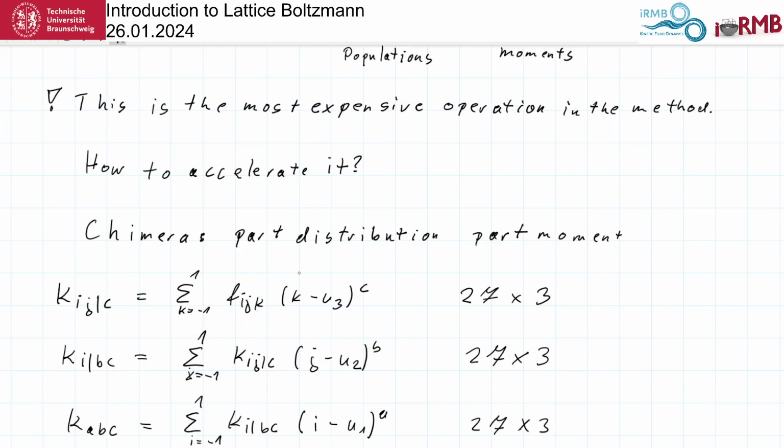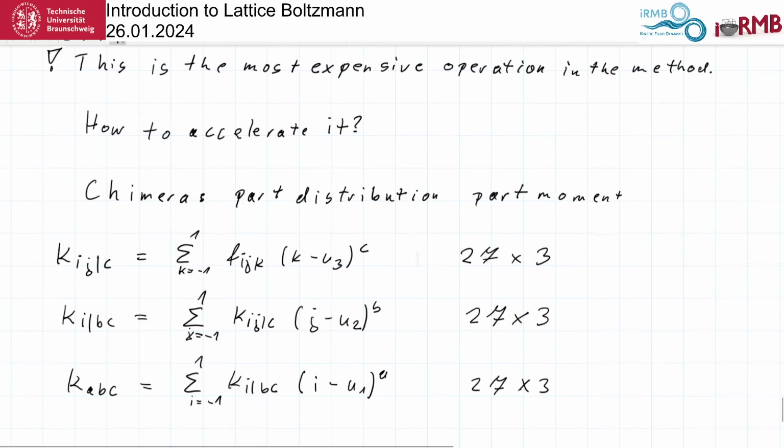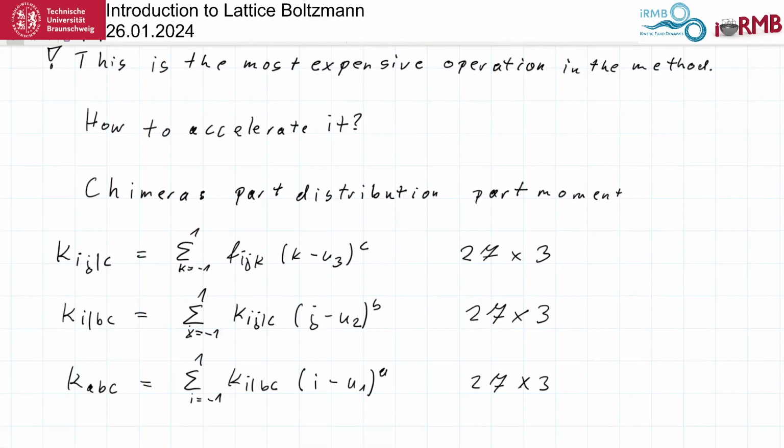So apparently this is completely trivial to see that you can rewrite this like this. But it makes a huge difference because now you have to sum them up, and what you see is this is 9 times 27 terms. Okay, so the other was 27 times 27.